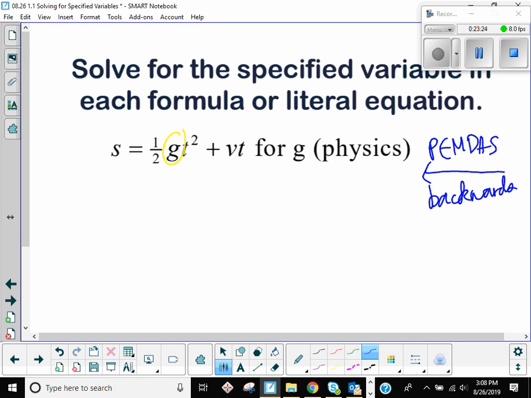So getting G by itself, if I were to talk about undoing addition or subtraction first, going backwards, what is my addition or subtraction here? The plus vt. I want to undo it. So how do you undo plus vt? Subtract it from both sides. Okay, that ain't no thing. We can do that.